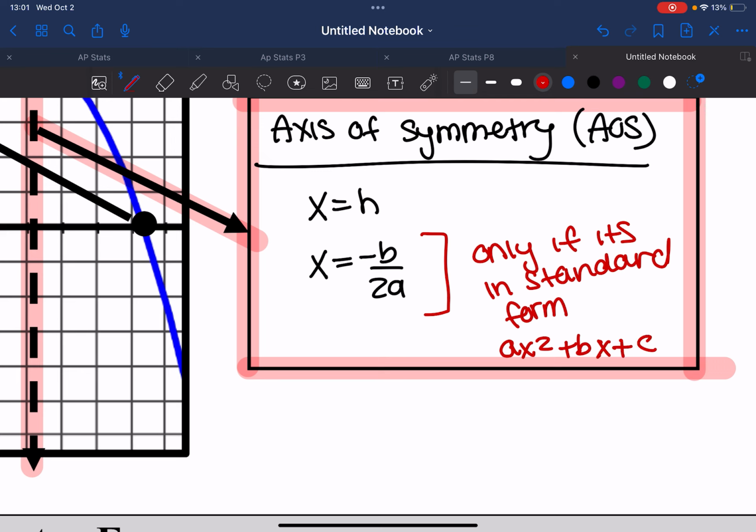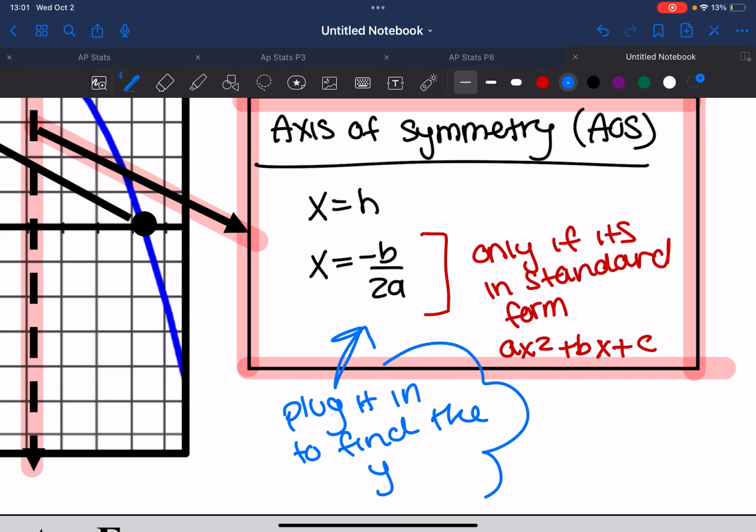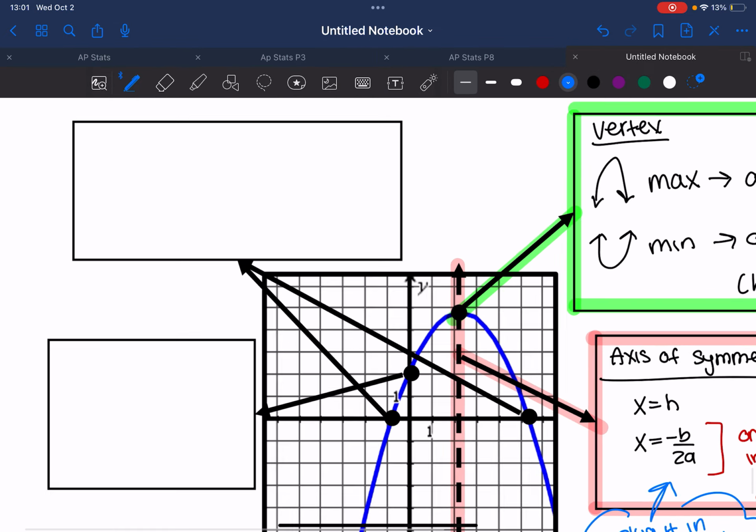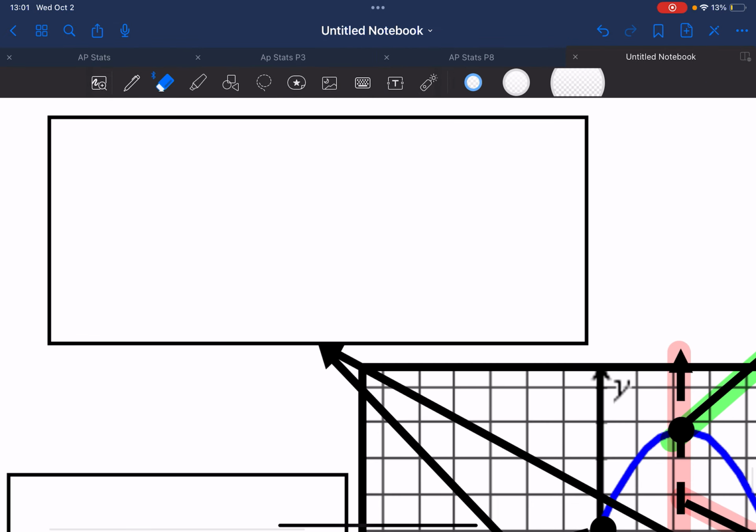Once we find this x value, we can take it and plug it in to find the y value. Next, we're going to look at the x-intercepts.